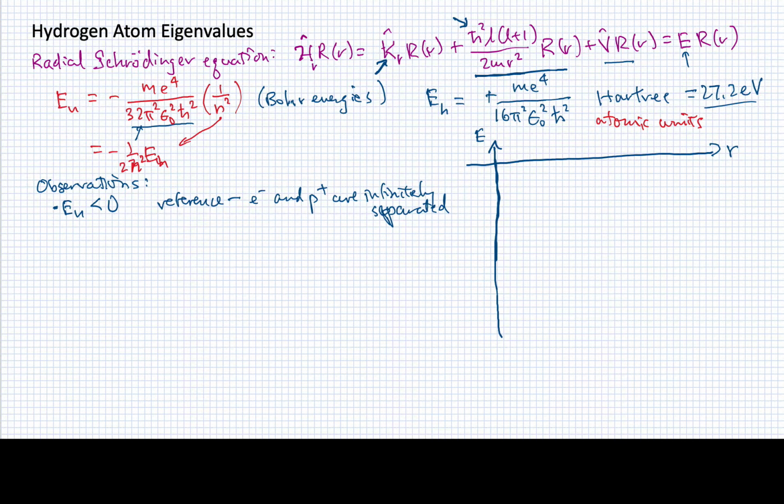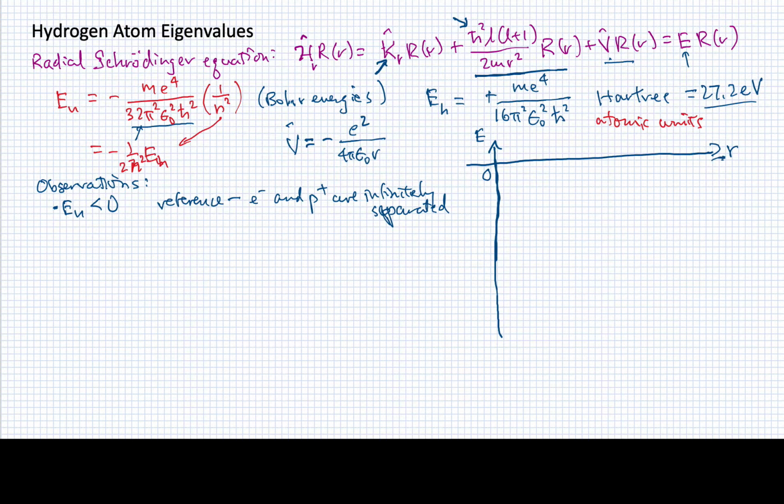And that defines E equals 0. So this point here, if this is E equals 0, that's when the electron and the proton are infinitely far away. So they're way out here somewhere. All right, as they come closer together, the interaction is a negative interaction. They are attracted to one another.